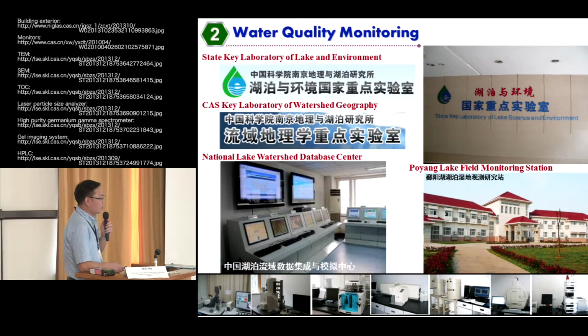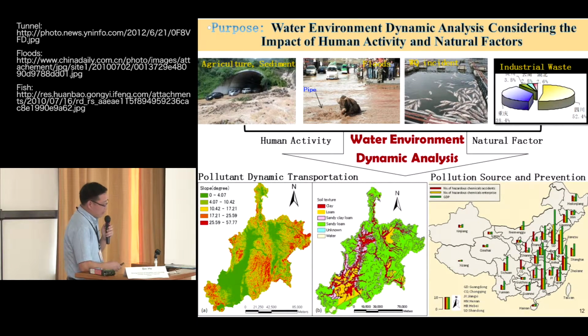Our purpose is to conduct water environment dynamic analysis, considering the impact of human activity and natural factors. We want to know how factors such as agriculture sediment, water quality incidents and industrial waste affect the water quality in Poyang Lake.